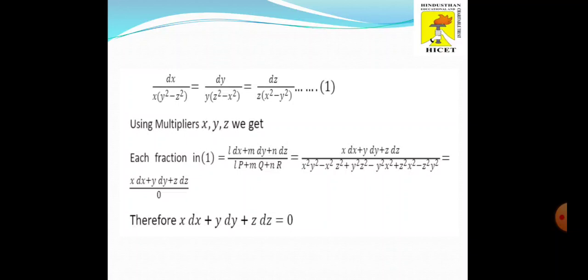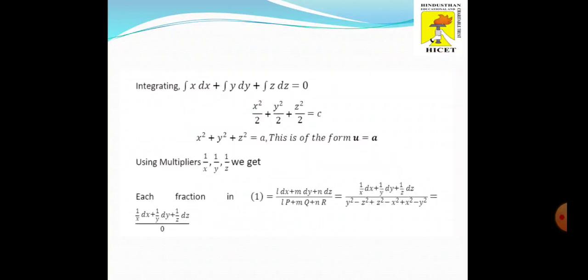So all the terms get cancelled in the denominator. Therefore x dx plus y dy plus z dz is equal to 0. On integrating, we have x square by 2 plus y square by 2 plus z square by 2 is equal to constant, that is x square plus y square plus z square is equal to a constant.